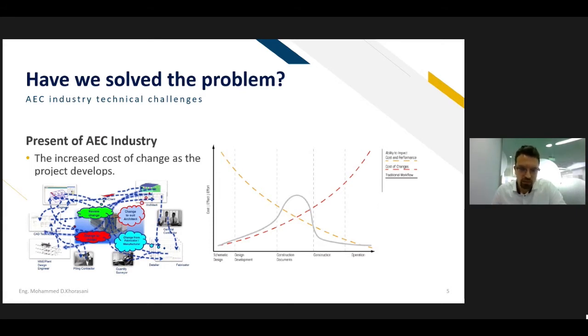In this way of working, the design-bid-build, the construction is done, and if we see the graphs here, the workload is mainly coming at the construction stage.